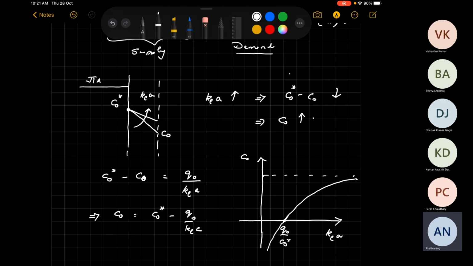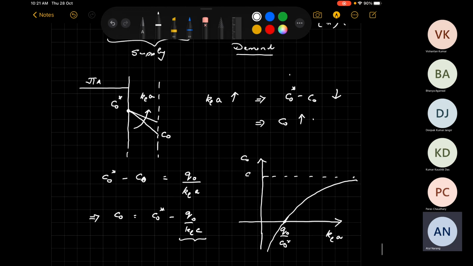As K_L a goes to infinity, it approaches C_O star. And that makes sense. The higher the value of K_L a, the smaller the concentration difference you can tolerate. As K_L a goes to infinity, there'll be hardly any concentration gradient, because K_L a is so large that you need a very small concentration difference to satisfy the demand for oxygen. And this is the lower level.